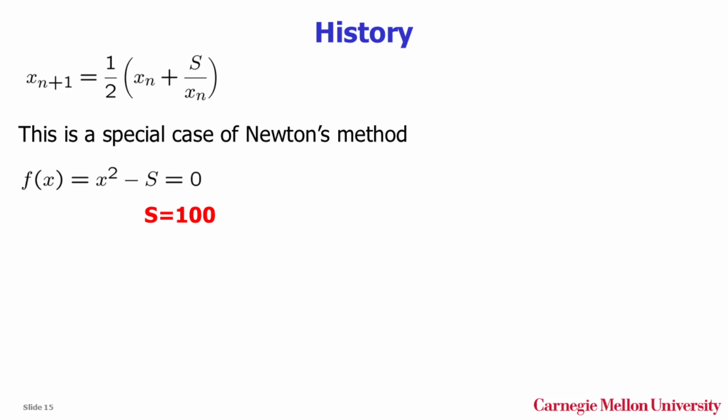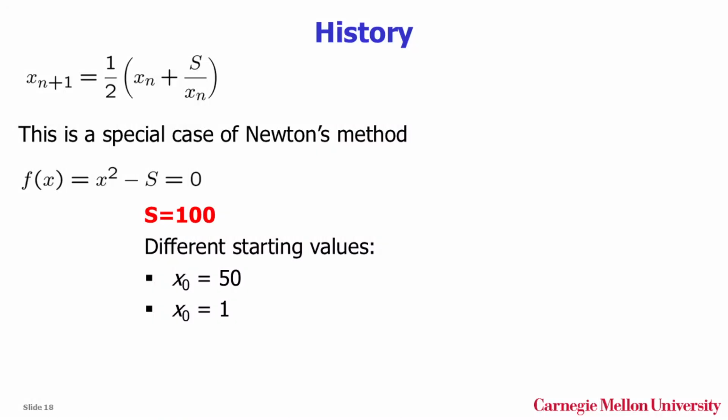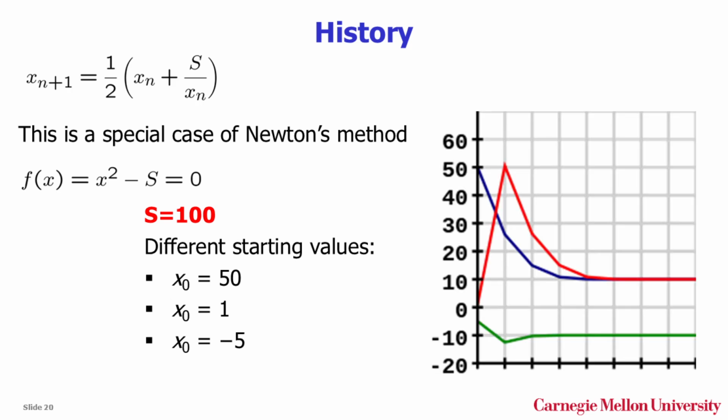For example, let s be set to 100. Let's try different starting values for this update rule. We will look at how the update behaves when we start from x0 equals 50, x0 equals 1, and x0 equals minus 5. This figure shows the convergence of Newton's method for all these three starting points.